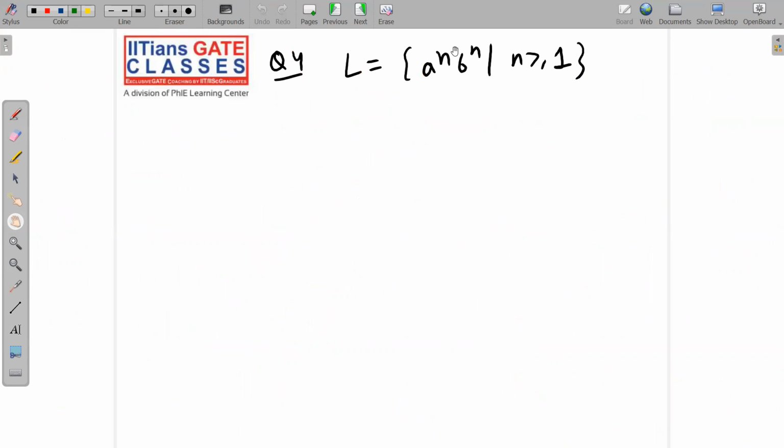So the next question is a power n, b power n, where n is greater than or equal to 1. You have to construct a Turing machine for this language, and this is homework for you. In the next lecture itself, I will show you the Turing machine. Let me give you a small hint about the logic.